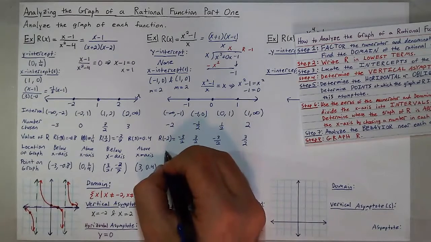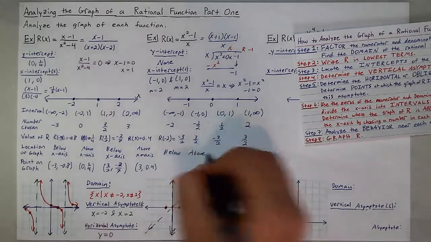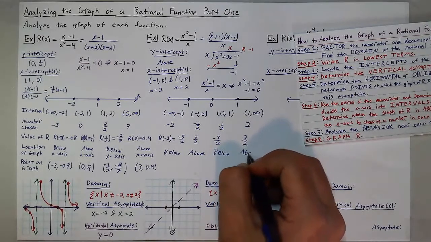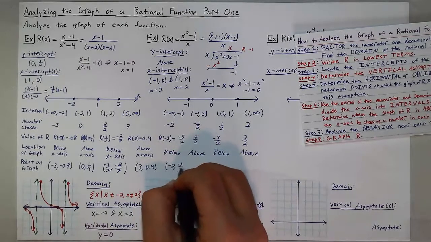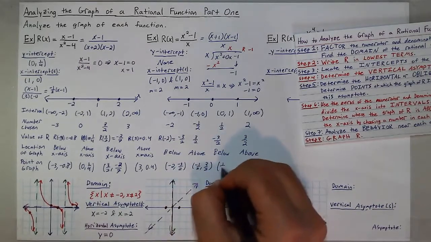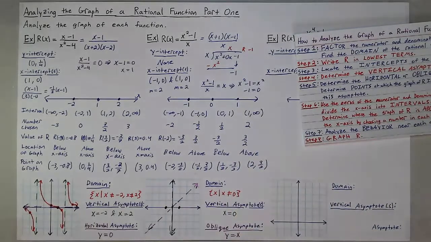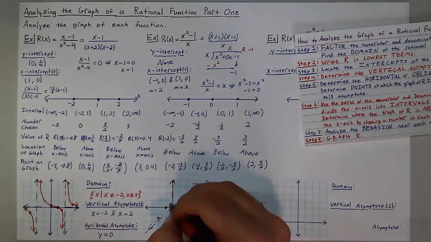Negative means below the x-axis, positive means above, so we're below, above, below, above. So we're going to plot the points (-2, -3/2), (-1/2, 3/2), (1/2, -3/2), and (2, 3/2). So (-2, -3/2) is about right here, and (-1/2, 3/2) is about right there.